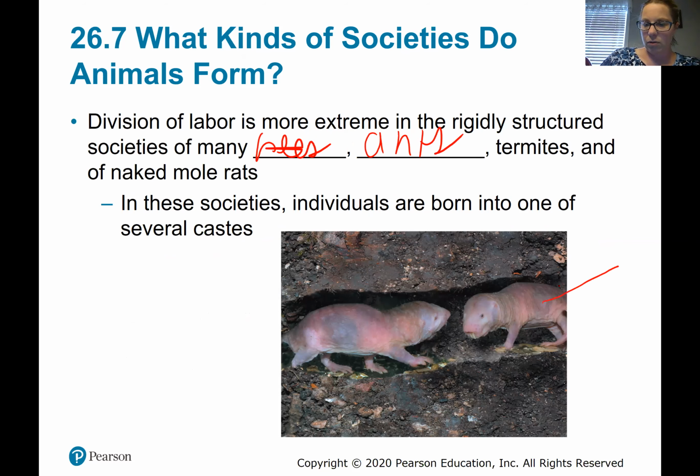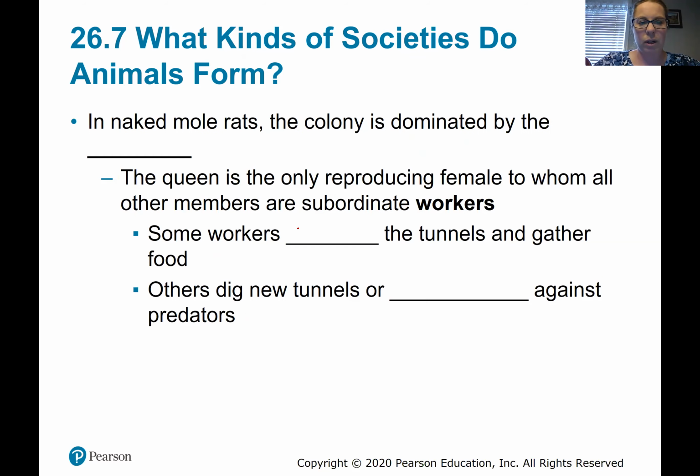Aren't these guys cute? Not really. They have a division of labor where they have several different castes. Like if you've studied history before, a caste system is where you have different hierarchies of people doing different types of jobs or different living arrangements.